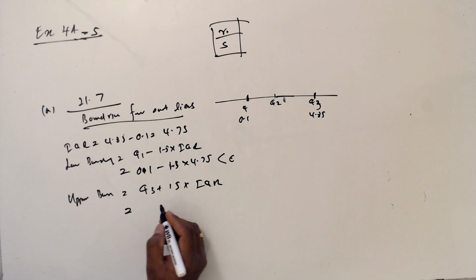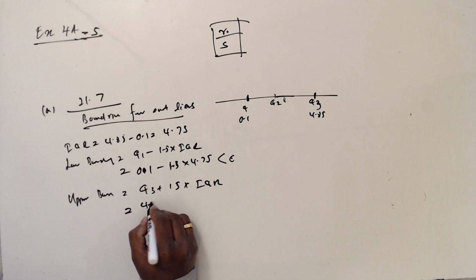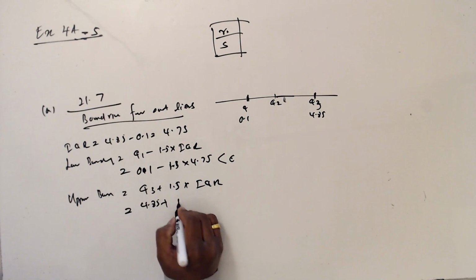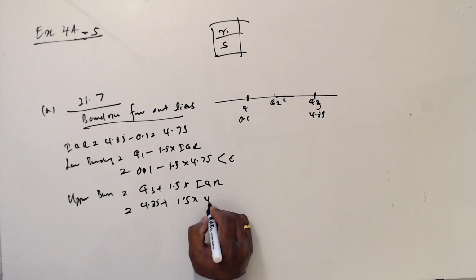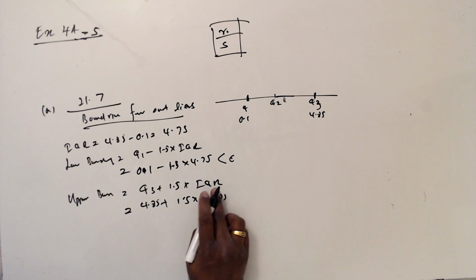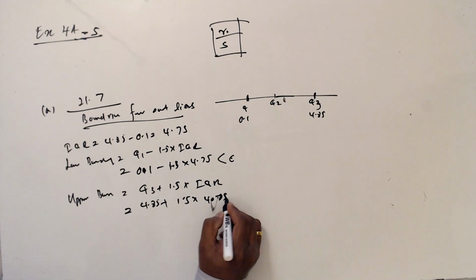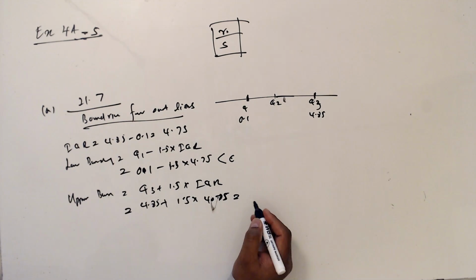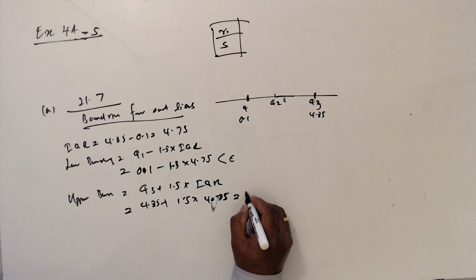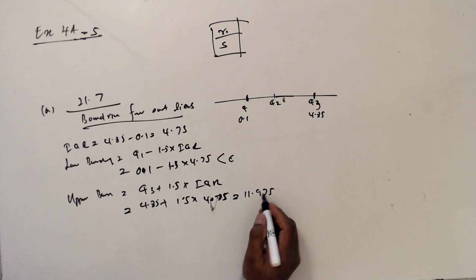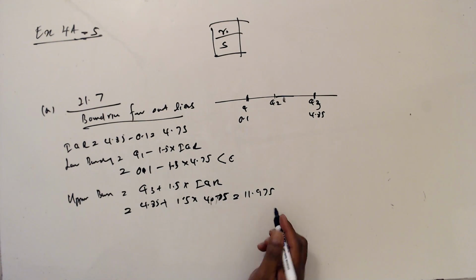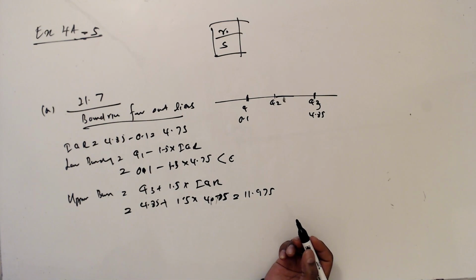So Q3 is 4.85 plus 1.5 times 4.75. So this value has to be 11.975. Now any value greater than this value is going to be an outlier.